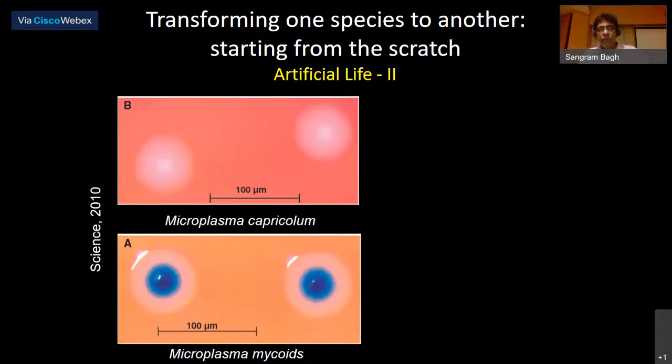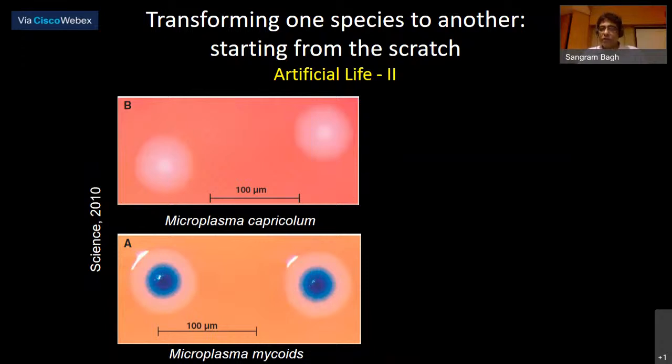And the third part, I can say, is from the same group, who published another Science paper in 2010, but they did a very interesting thing. Again, they synthesized a whole genome of a particular species of mycoplasma. Then that synthesized genome, they placed into another mycoplasma species.